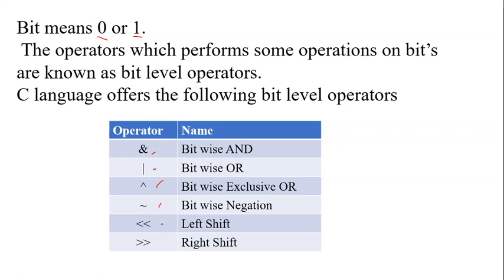Next are the left shift operator and the right shift operator. The double less than symbol is known as the left shift operator. The double greater than symbol is known as the right shift operator. These six are the bit level operators in C language.